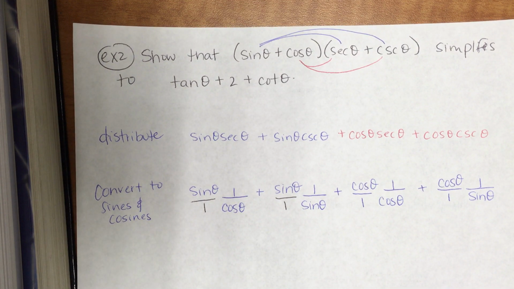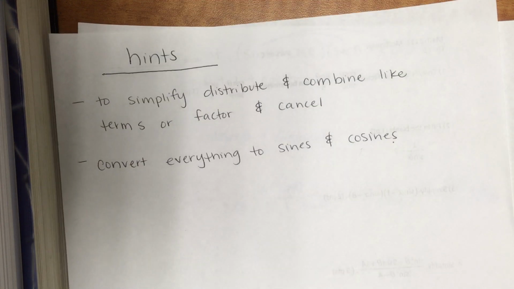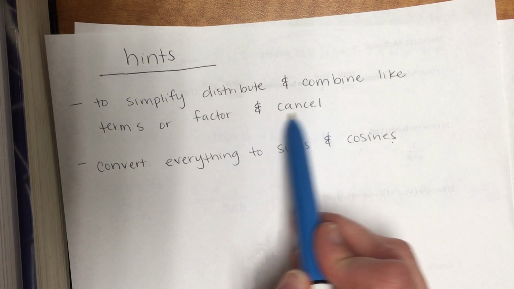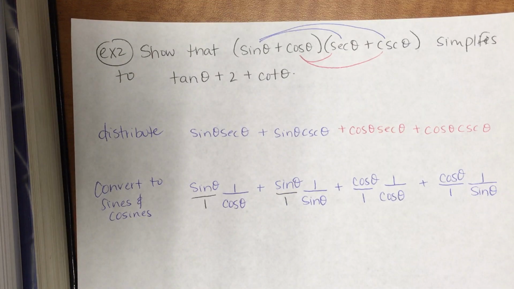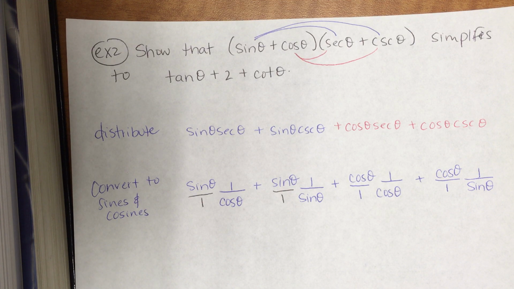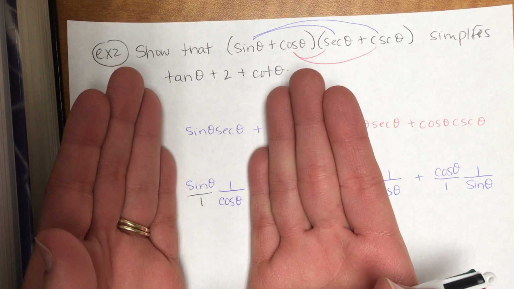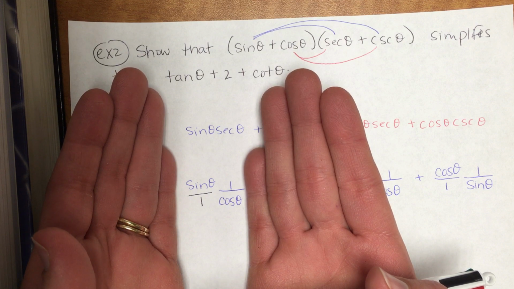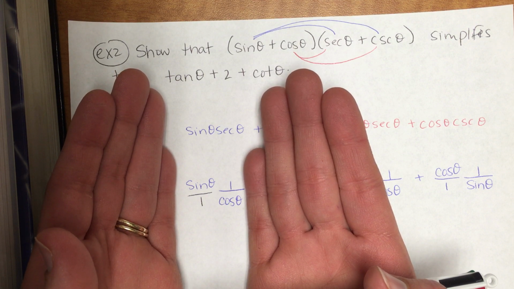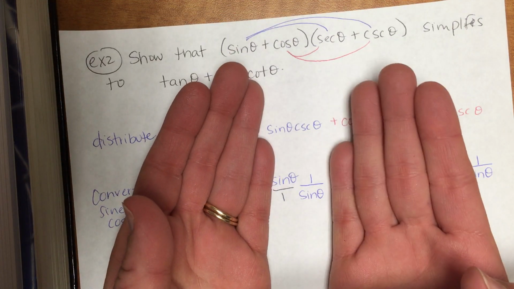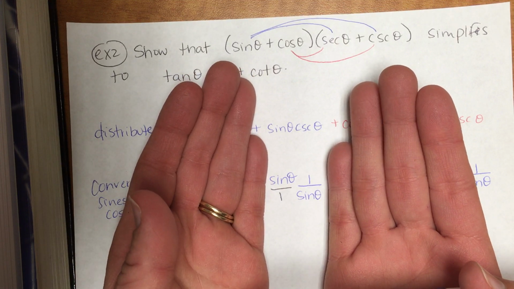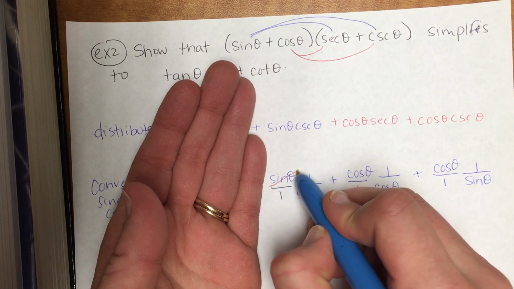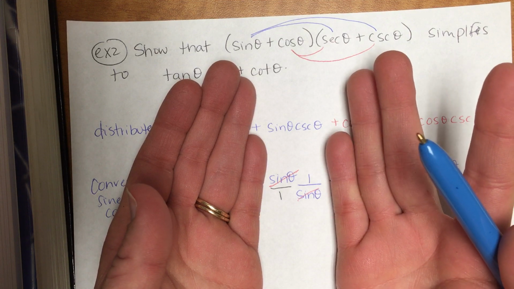Okay. Now that we've done this, nothing immediately jumps out at me as an identity, but I can use my simplifying hints. I can cancel things now because I have fractions. I have 4 fractions. As long as you look at each fraction individually, you can cancel. In this first fraction, nothing cancels out, the 1s, but that doesn't help. But in this second fraction, I have a sine on top and a sine on bottom, so I can cancel those two out, and I'm left with just the 1s.